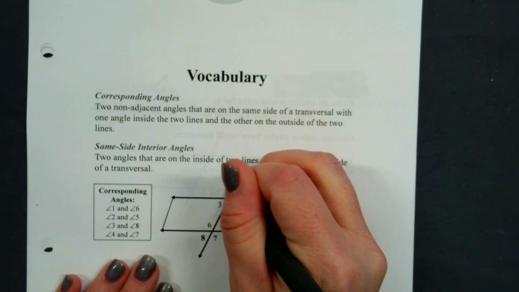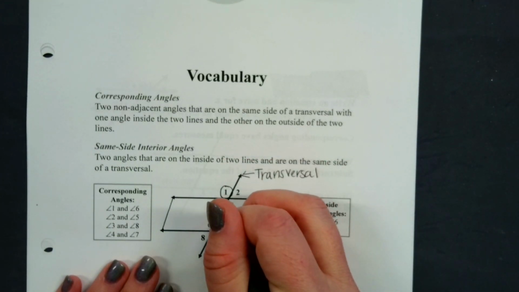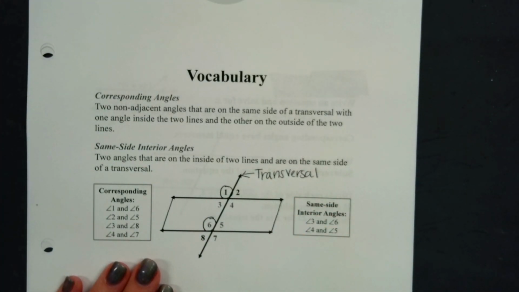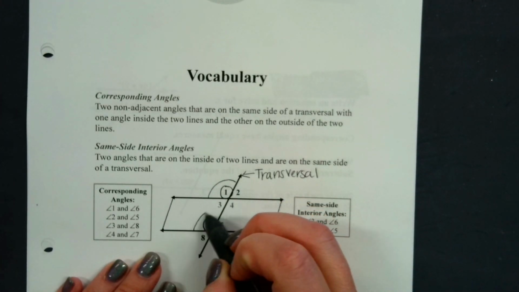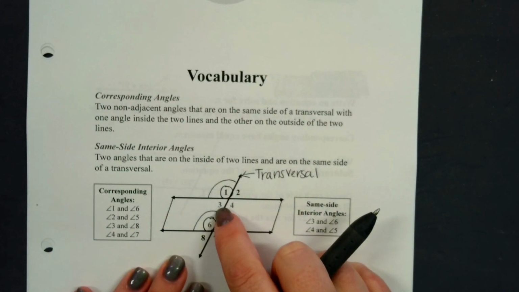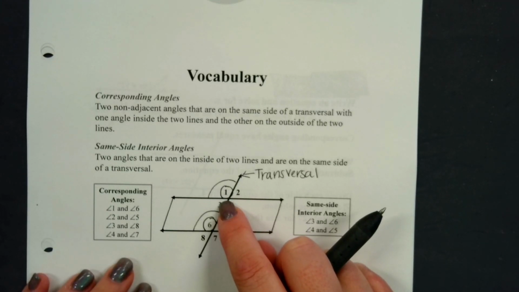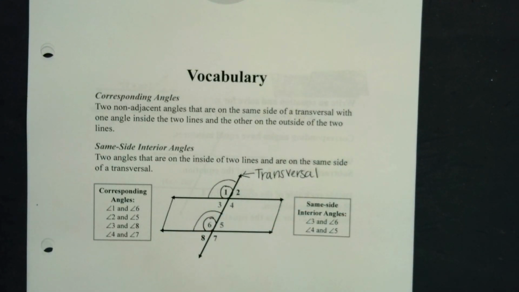So if one's on the inside or outside, 6 would be its corresponding angle on the inside. And can you kind of see how this angle looks to measure the same as this one? Does 3's angle look the same as angle 1, like it measures the same? 1 and 3? No, they don't. 1 and 6 look like they'd measure the same because they are congruent.